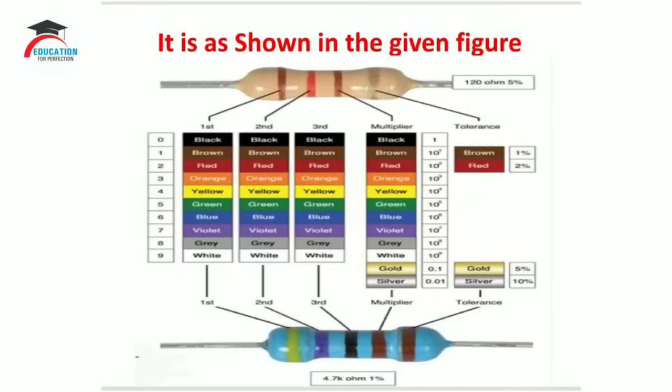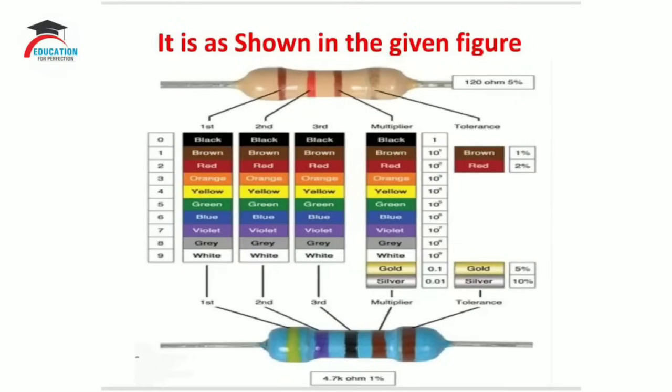So let us try to understand how to calculate the values of a given resistor by using this figure. Initially, the values of the given resistors are calculated by using a color coding system. The color coding system is clearly explained in the figure as shown. So let us try to understand the color coding system at first.